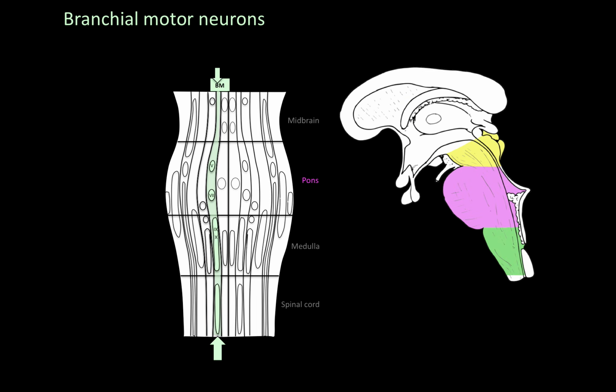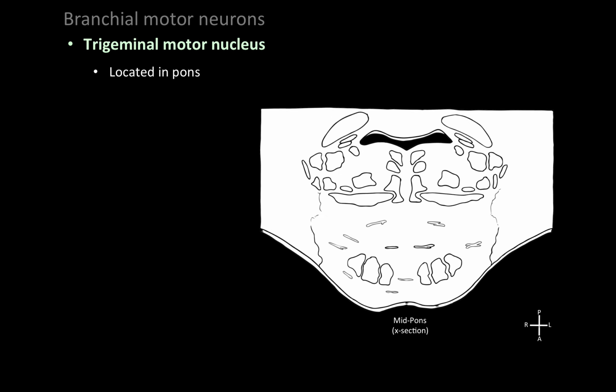In this coronal section, we can see that vertical line going down, and we're going to start with the trigeminal motor nucleus in the rostral pons area, as that cross section shows. All right, trigeminal motor nucleus. This is located in the pons. We find the water, fourth ventricle.